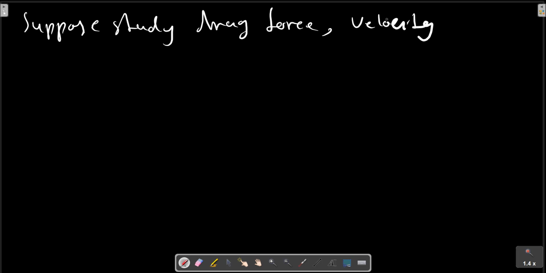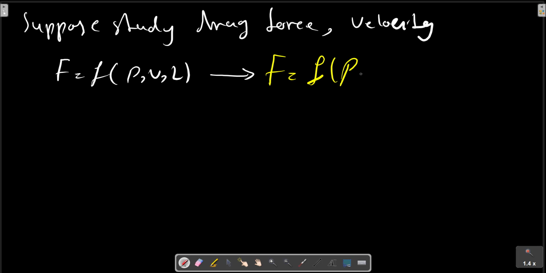Then we would not use V as a scaling parameter in the equation F as a function of rho, V, and L. We use instead of this equation a function of rho, mu, and L.